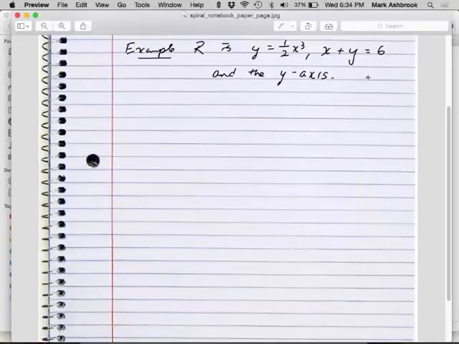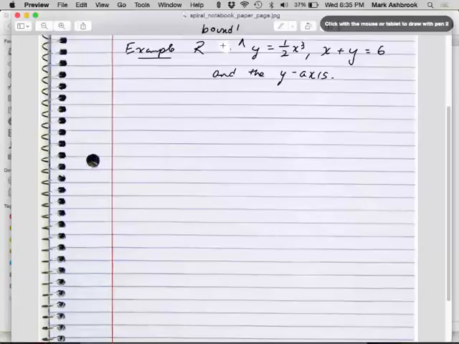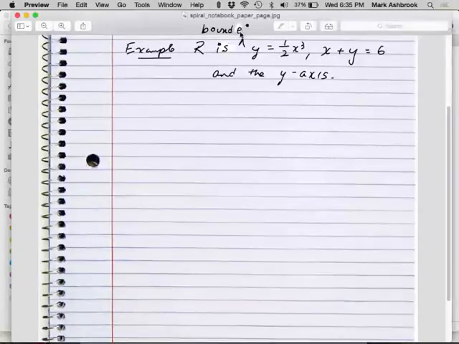Y equals 1/2 x cubed, x plus y equals 6, and the y-axis. So I should say R is bounded by, bounded by. What is that symbol? Sorry. No, over one, next to the R. Oh, okay, right. So R is bounded by y equals 1/2 x cubed, x plus y equals 6, and the y-axis. Sketch the region.